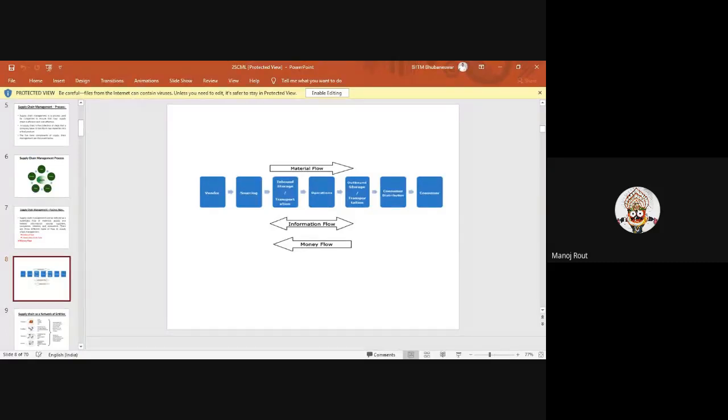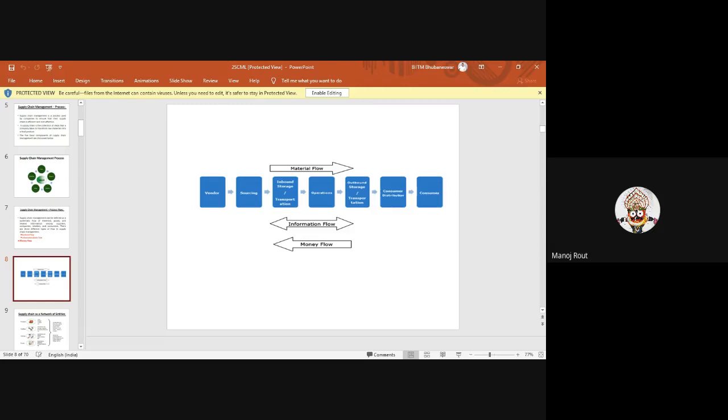It reaches inside the organization through the inbound storage area and different modes of transportation. Then it goes for making with the help of operational activities. The raw material is converted into output, and that finished product goes to the outbound storage through different modes of transportation, known as loading and unloading activities. Then at last it goes to consumer distribution, and finally the consumer gets the product.